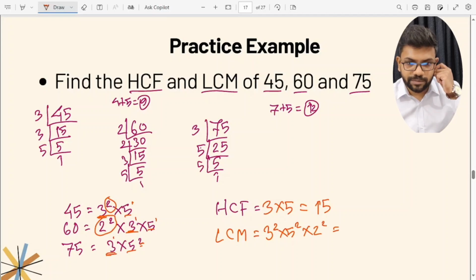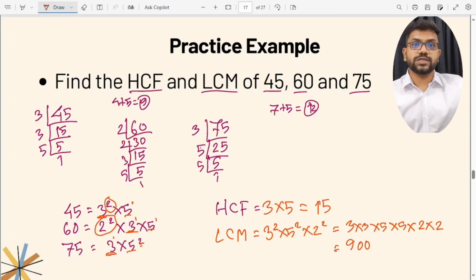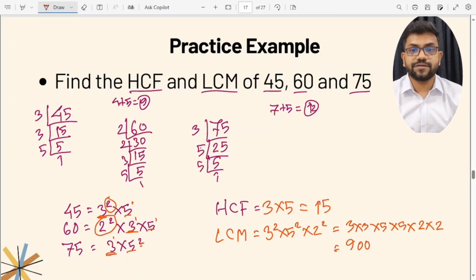So let's just multiply them. 3 squared is 3 times 3, 5 squared is 5 times 5, and 2 squared is 2 times 2. 3 threes are 9, 5 nines are 45, 45 twos are 90, 90 twos are 180, 180 times 5, we should get 900. So 900 is the lowest common multiple of 45, 60, and 75, all of them together.